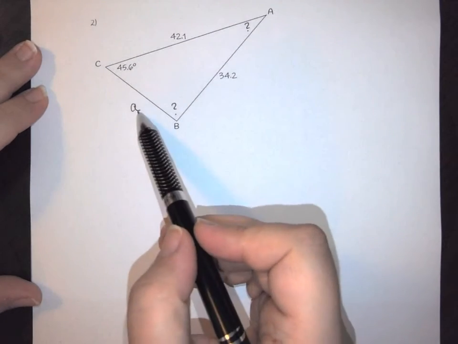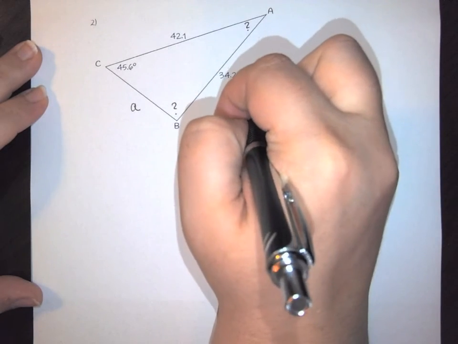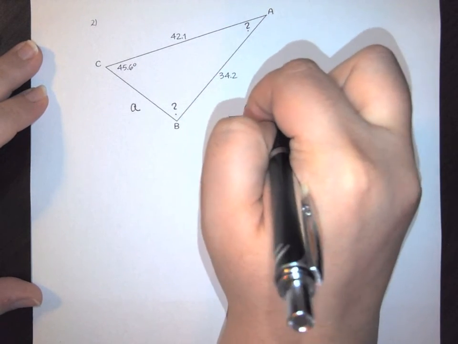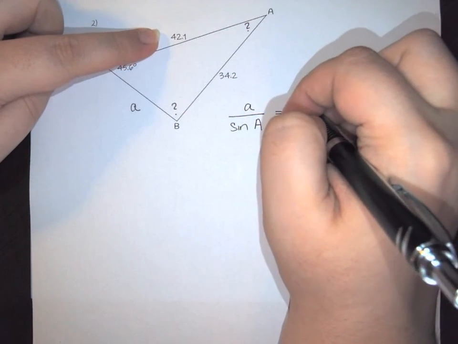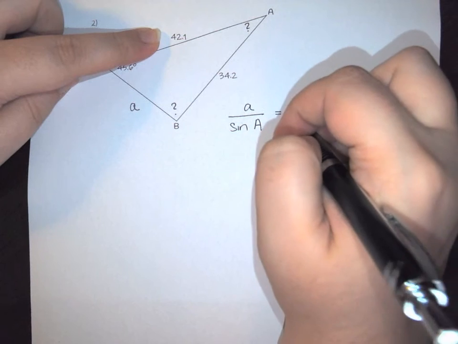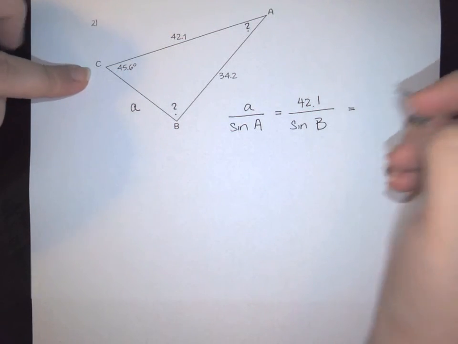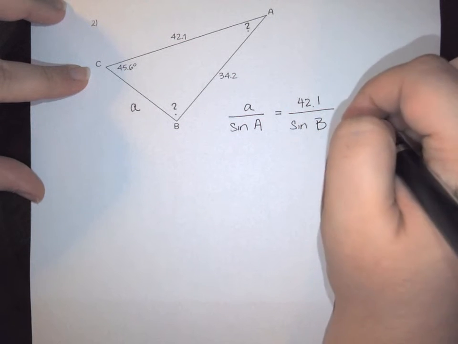I don't know anything about A yet, but I do have a length for B, so I would go ahead and find my angle. So I'm going to work with what I have here. So I've got the 42.1 over the sine of B is equal to 34.2 over the sine of 45.6.